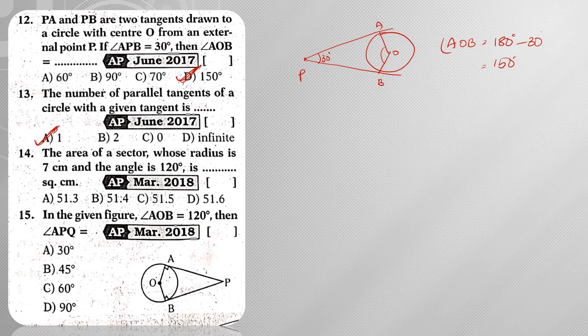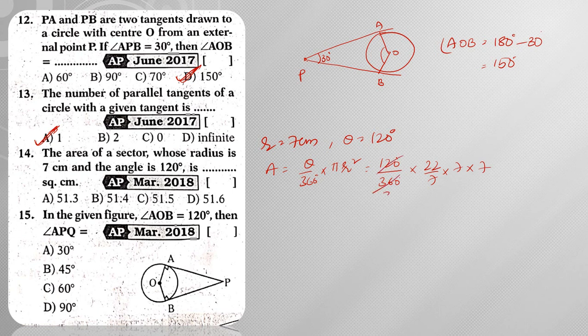Next, the area of a sector. So we need to find the area of a sector whose radius is given as 7 centimeters and theta is 120 degrees. So what is the area of sector formula? A is equal to theta by 360 degrees into pi r square. So substituting the values, 120 by 360 into pi, which is 22 by 7, into r square, means 7 into 7.